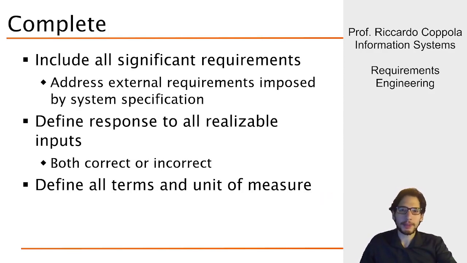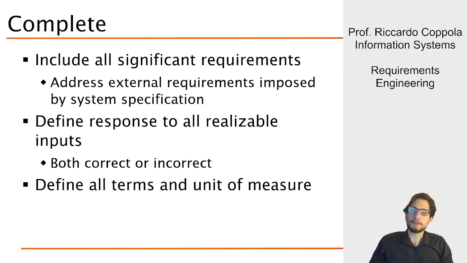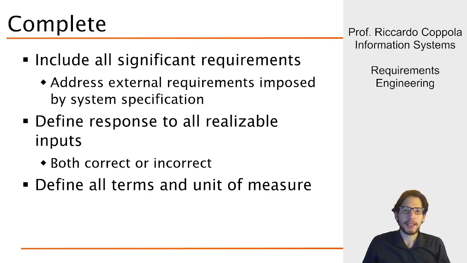As well, requirements must be complete. So if I have a complex situation that I want to serve with an information system, I need to make the requirements contain all the necessary information. And I need to make reference to all the needs and all the constraints of the stakeholders. Typically, when I have requirements for a software system, there will be some input part in the system.